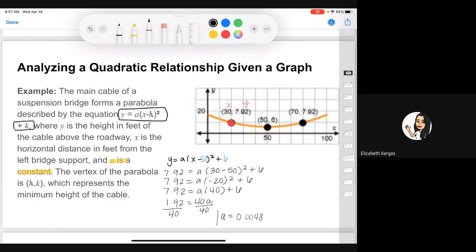So now that I have my a, I can plug my a back into my original equation, because a will represent my constant. Plugging it back in gives me y is equal to 0.0048(x − 50)², where 50 is my h, plus k, which is 6.